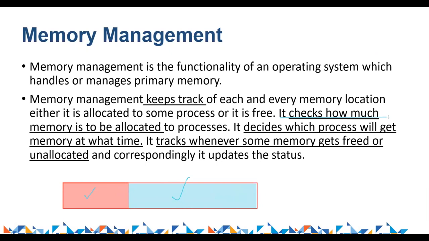It checks how much memory is to be allocated to processes, and how much memory will be allocated to a claiming process. It decides which process will get memory at what time. It also tracks whenever some memory gets freed, and it should know when a process will release its memory or how much memory is unallocated, and correspondingly it updates the status.